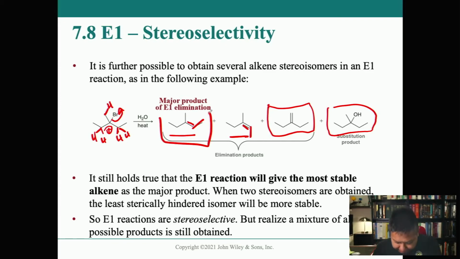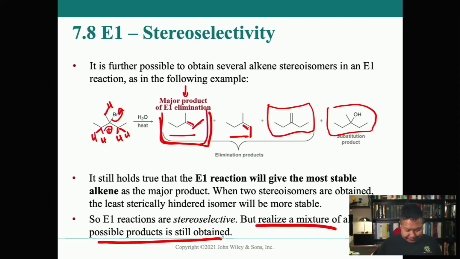Yeah, this one's open too, but it's got its double bond there, so this is the least sterically hindered one. I didn't even notice that it already says up there that that's the one. I keep telling you guys to be careful what you're reading, but I always forget to read it myself. So E1 reactions are stereoselective, but realize that a mixture of all the possible products can still be obtained.